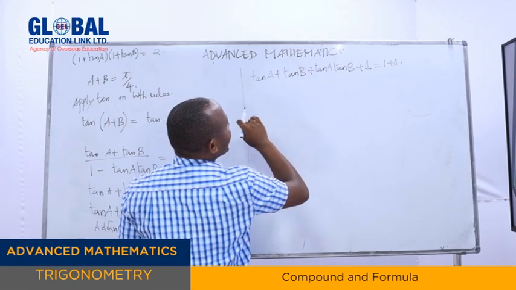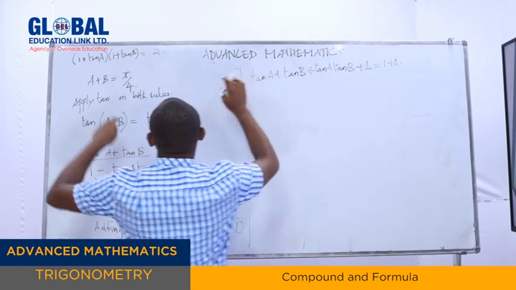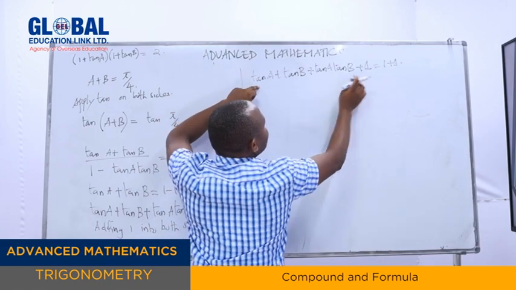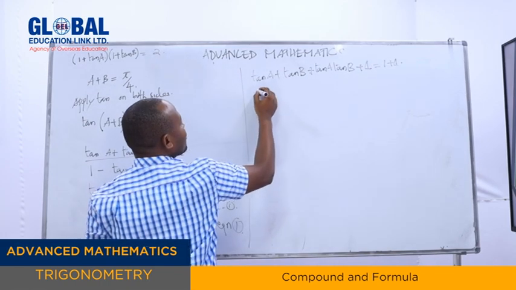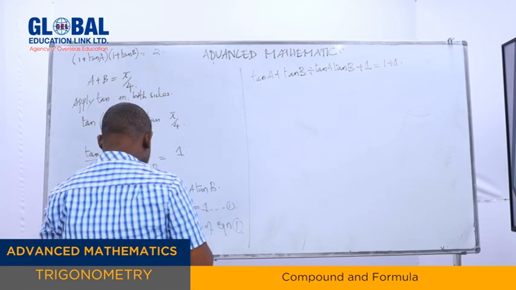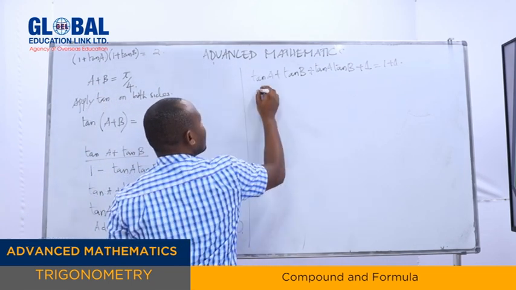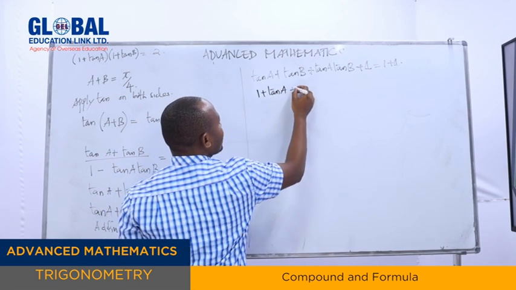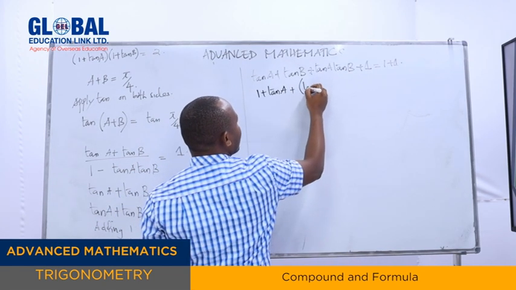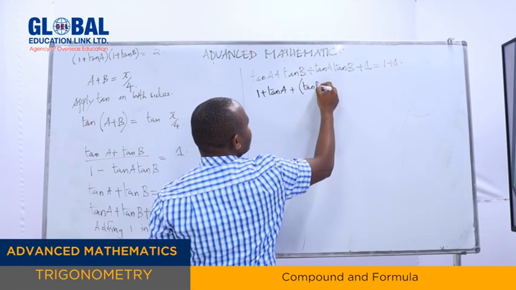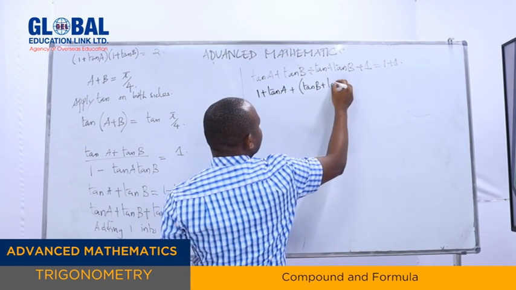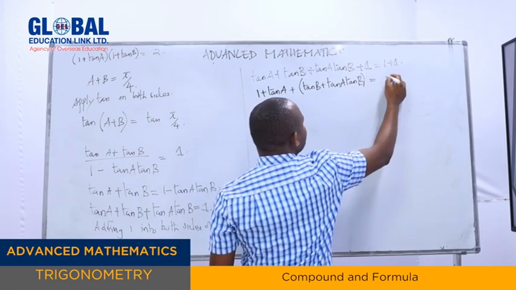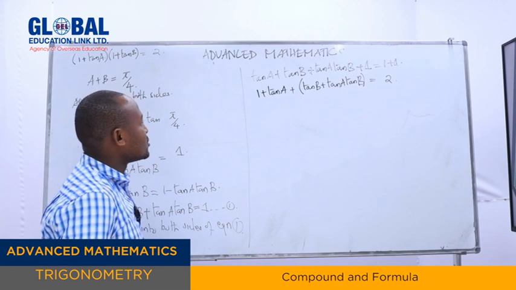Now let's see there. Can we take this one? Because we are supposed to find something like this. So can we take this one and that one together? That means we are going to have a 1 plus tan of A plus all of that is left, and this is equal to 2.